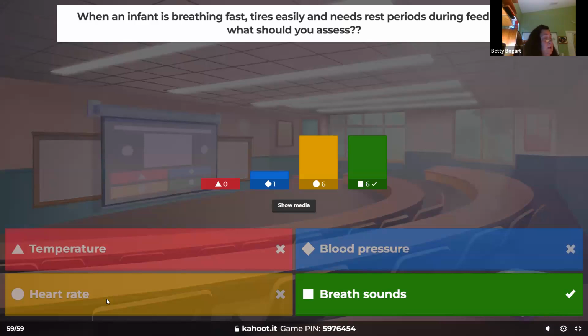So we're going to look at the breath sounds, aren't we? Because probably they're going into congestive heart failure, and maybe they do need a dose of furosemide, a Lasix diuretic, just to get rid of that fluid. You don't know, so listen to it and see what you are hearing.